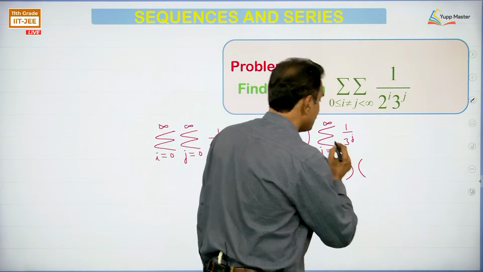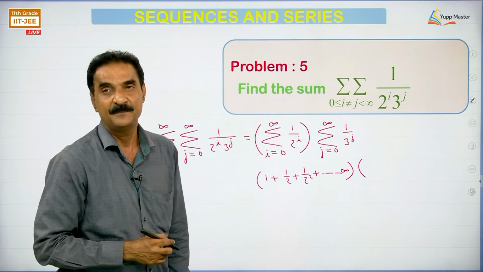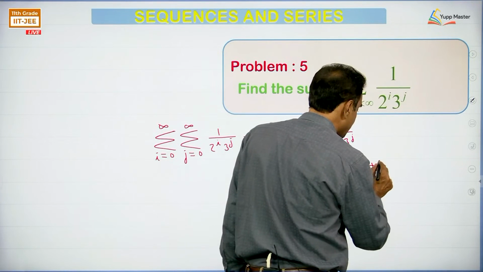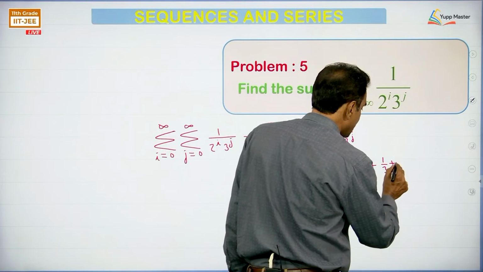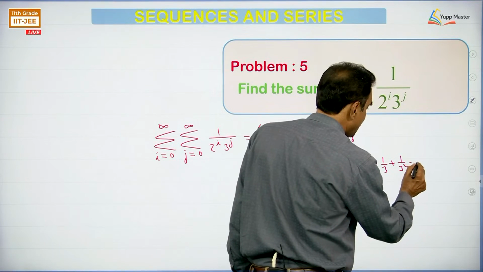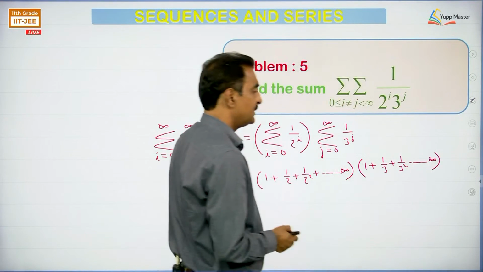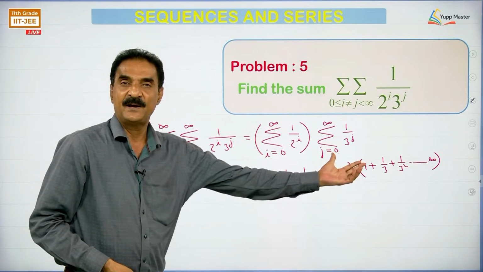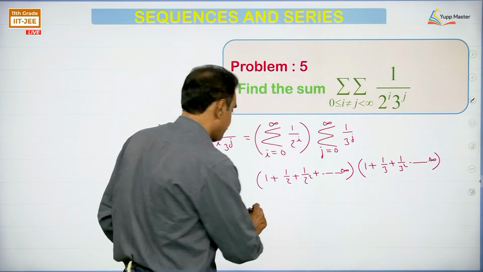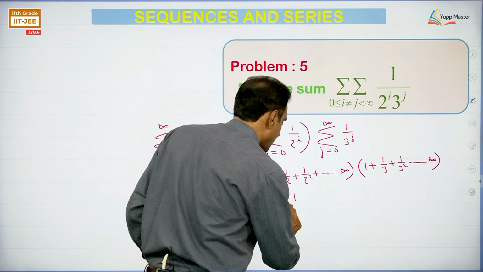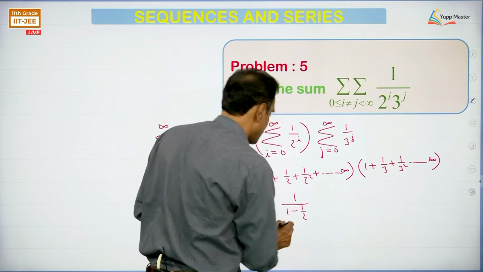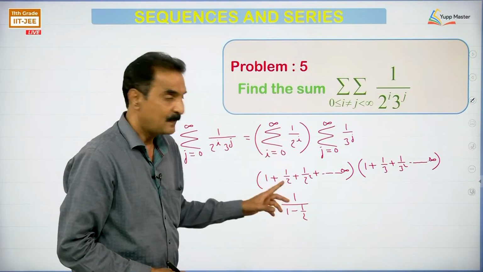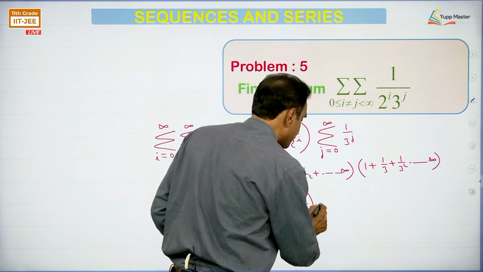Here, if you substitute the values of j from 0 to infinity, what will you get? For j is equal to 0, 1. For j is equal to 1, 1 by 3. Next 1 by 3 square and so on till infinity. All right. And this is infinite GP and that is also infinite GP. So, let us write the sum formula a by 1 minus r: a is 1, common ratio r is 1 by 2, so 1 by 1 minus 1 by 2, into this one.